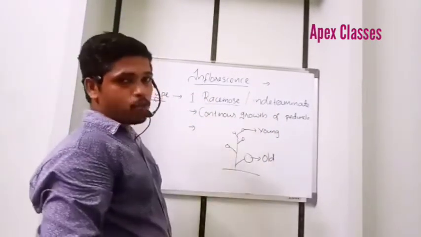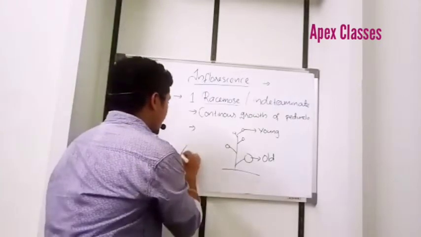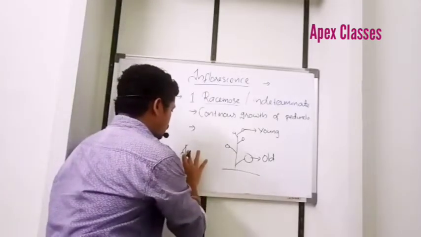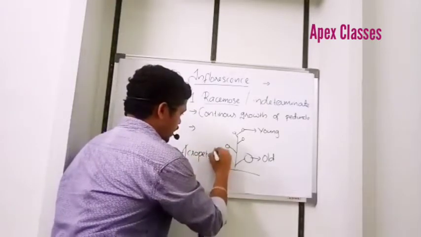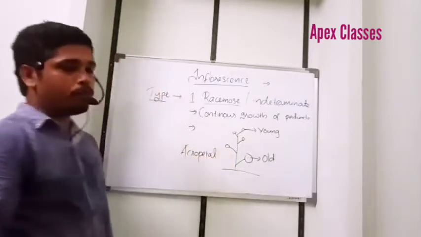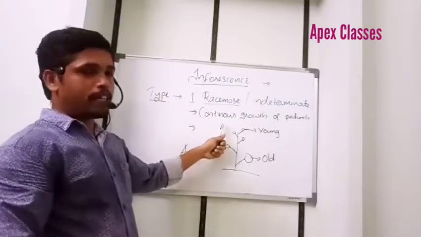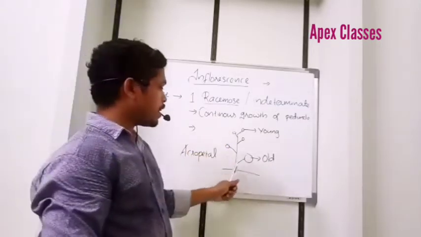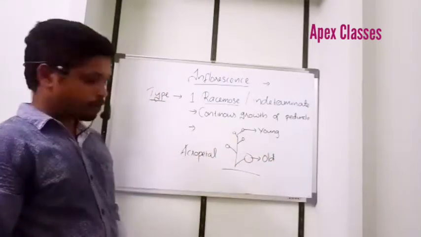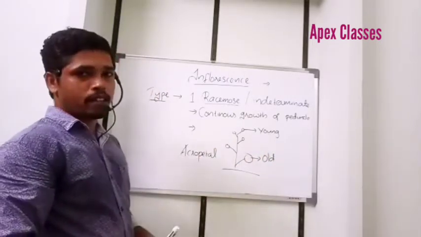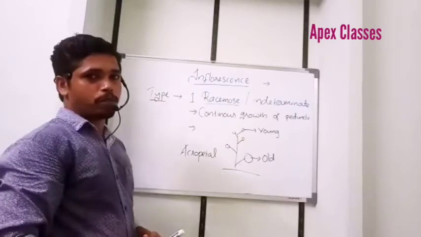This type of arrangement is known as acropetal succession or acropetal arrangement. Acropetal arrangement means older flowers are arranged at the base and younger flowers at the top or tip.